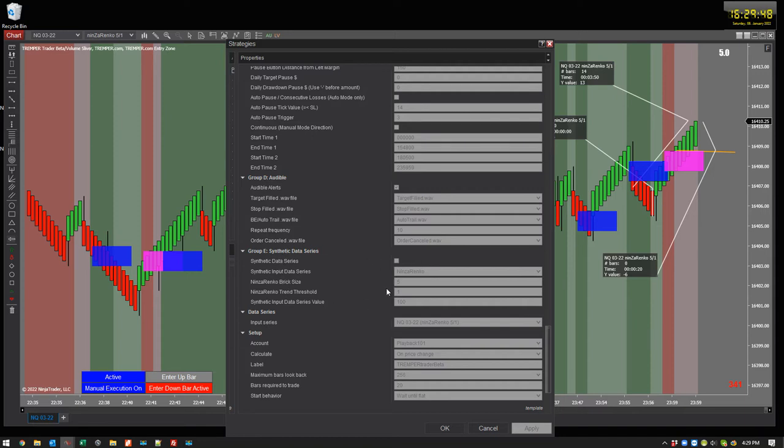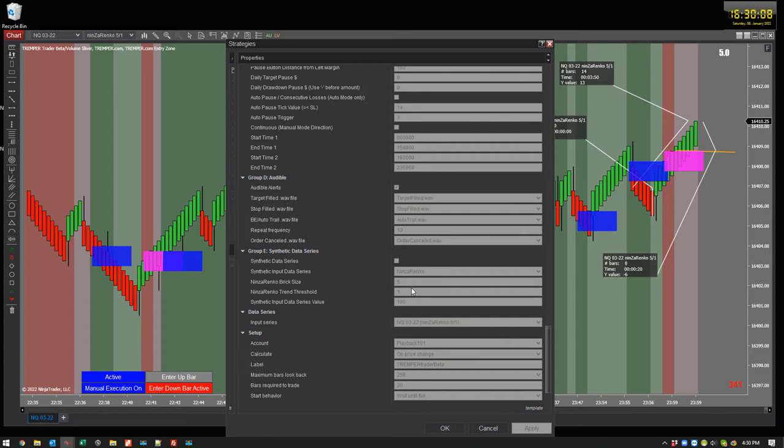So next thing is, this gets a little bit more sophisticated with the synthetic data series. This really refers to the manual mode, because if you want a tight trigger, let's say you want 6 ticks, but you're working on a 15-minute chart.